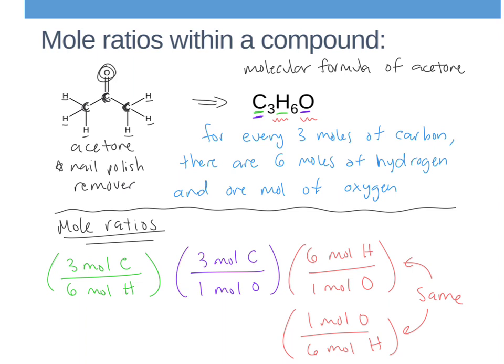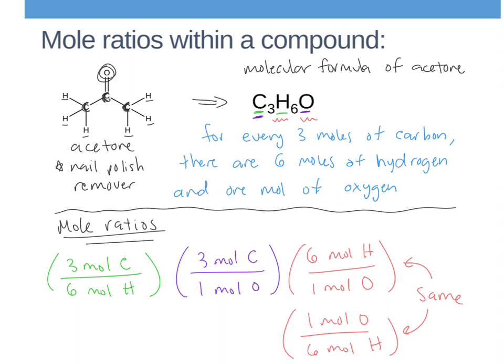I have the green one, the purple one, and the red one. Are there any more that I can do for this? I've got carbon compared to hydrogen, carbon compared to oxygen, hydrogen compared to oxygen. Yep, I think those are just the 3. So if you're given a formula, you should be able to write these mole ratios. In future videos, we're going to take these mole ratios and ask: what if I have 147 moles of carbon?